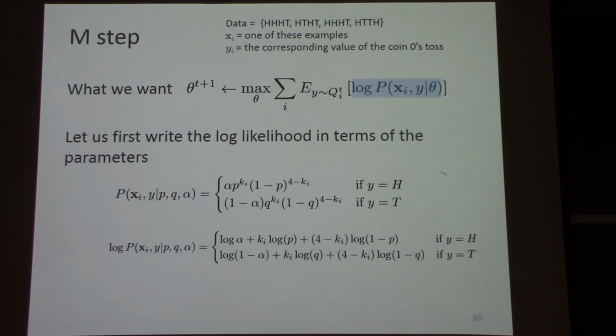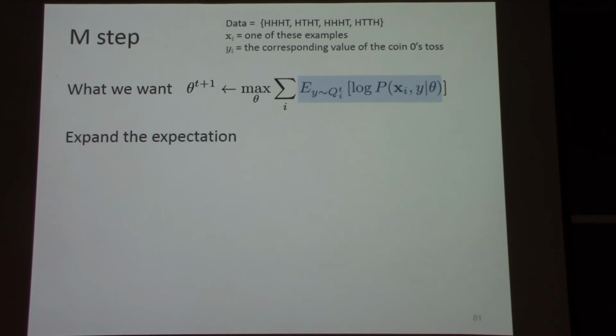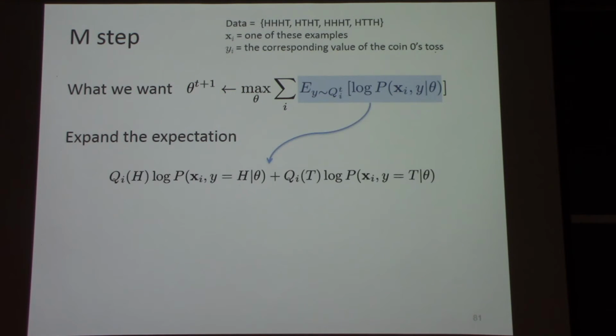So what we have is some way of writing down this function, log p of x, y. Now let's use that to expand the expectation. By definition, given a current q, y can either be heads or tails. So it's either q of heads times the value inside it, plus q of tails times the value inside it.